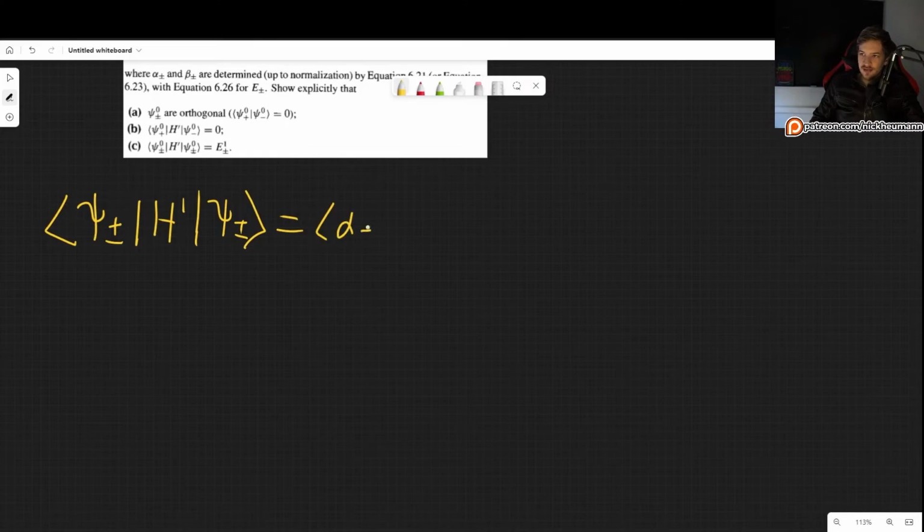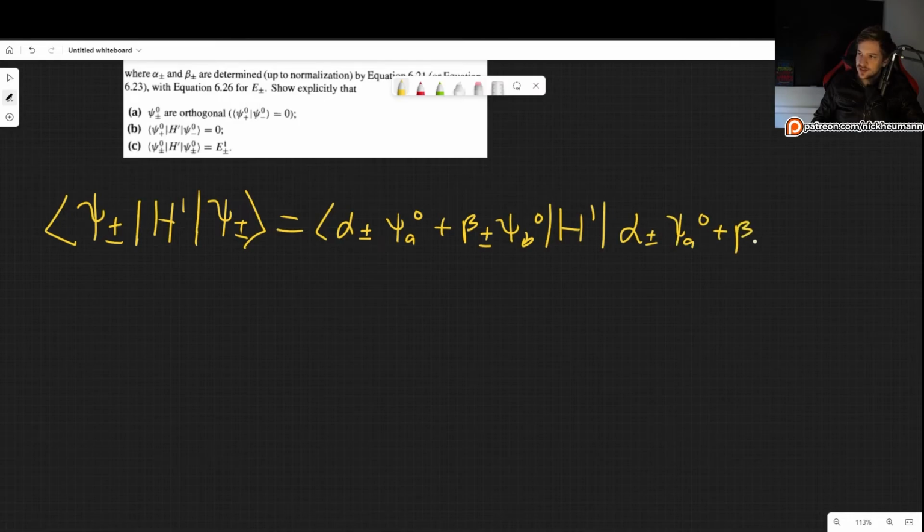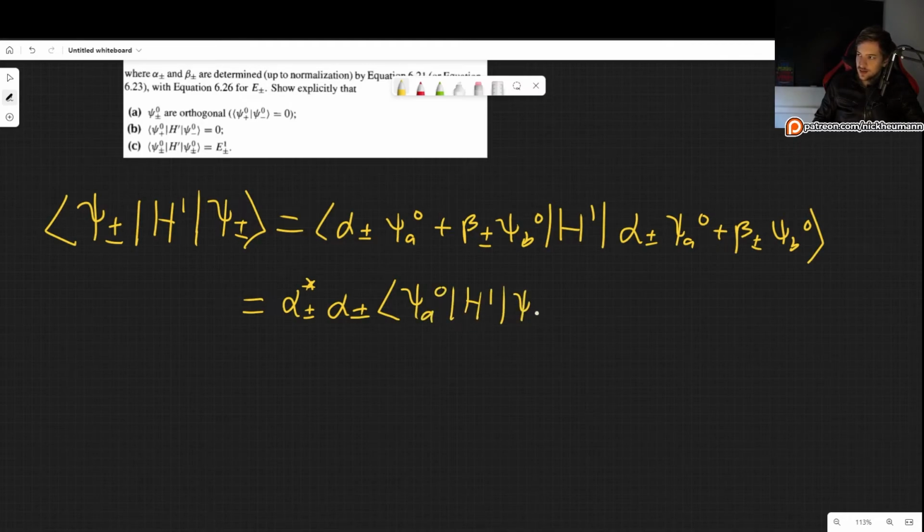So here we have alpha plus or minus psi A of 0 plus beta plus or minus psi B of 0 times the Hamiltonian, and then alpha, the same thing, right? This time we are dealing with the same state, unlike in the previous cases. So now let's just multiply through, and I will take the constants out immediately. So alpha plus or minus conjugate, alpha plus or minus, times psi A0, H prime, psi A0. Then we get this term times this.